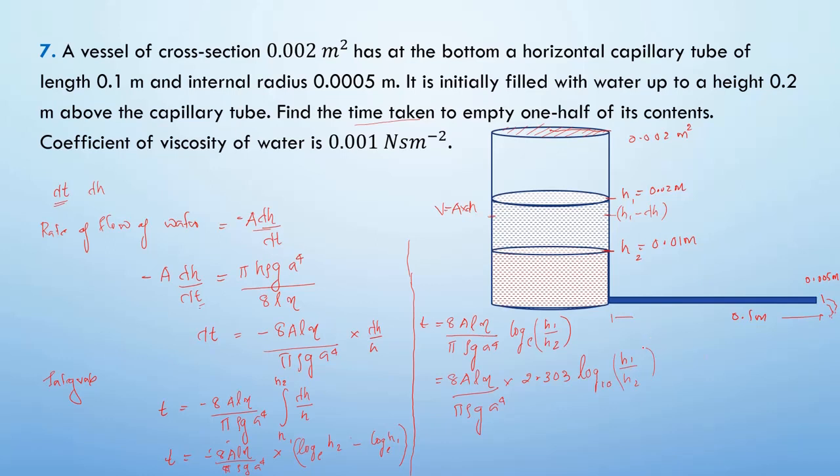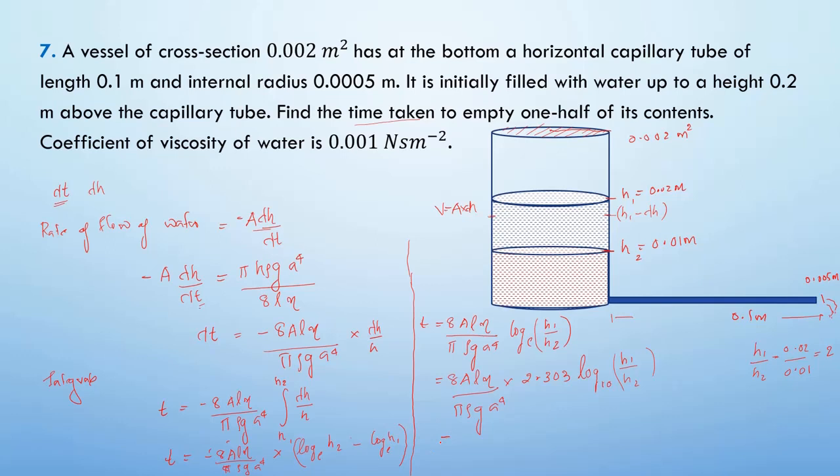And I know that h1 is 0.02 and h2 is 0.01. That is h1 by h2 is 0.02 meter divided by 0.01 meter, and that is 2.